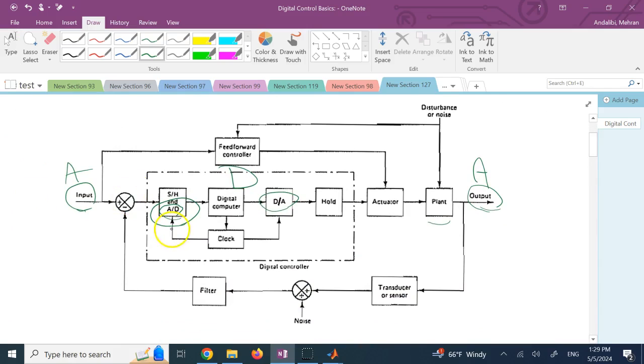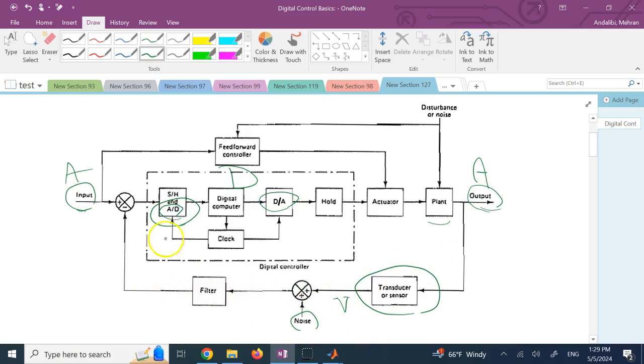So when the signal comes in, input output, one of the things is your output is going to be measured by a sensor, and the sensor or transducer, we're going to see about transducer, is going to convert it typically to a voltage, and there will be some inherent noise in this measurement process and quantization of the output signal.